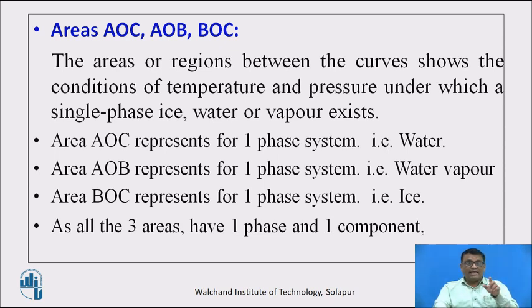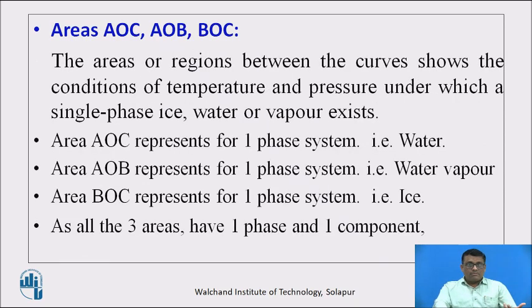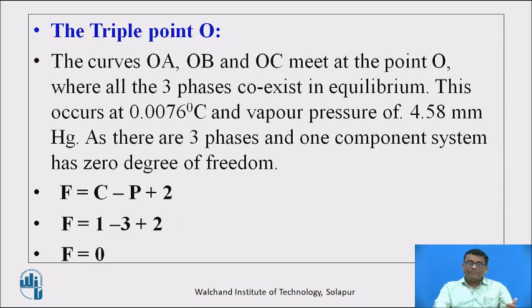For example, area AOC represents water, area AOB represents water vapor and area BOC represents ice. Any area consists of one phase, and by putting in the value we get the degree of freedom, as the three areas have one phase and one component.